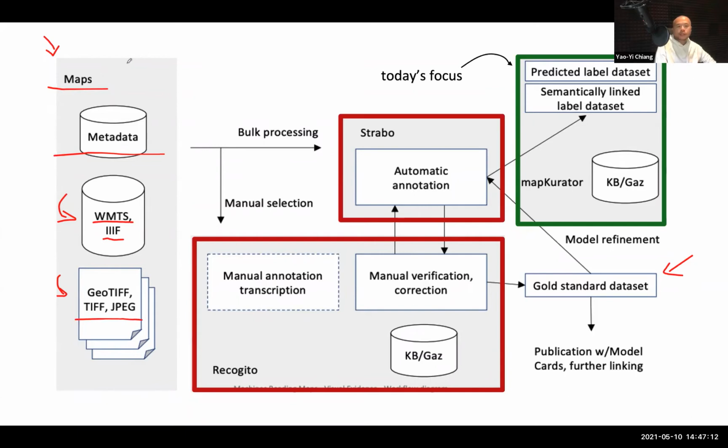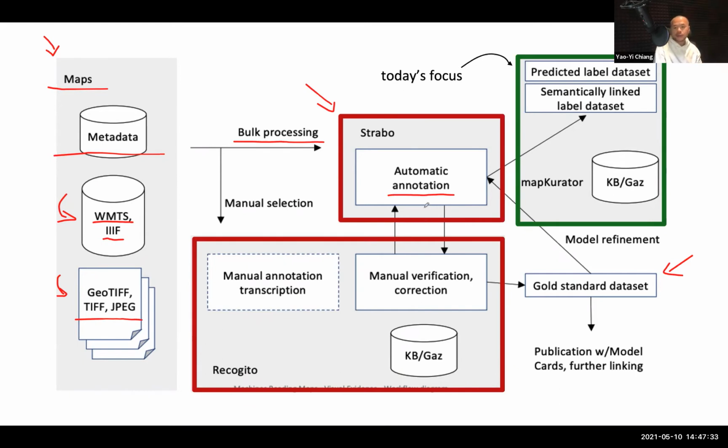So from all these input maps, we have a processing pipeline going to Strabo. Strabo is our text detection and recognition tool for map images. From Strabo, we will be able to automatically generate annotations, locations, and meanings of text labels.